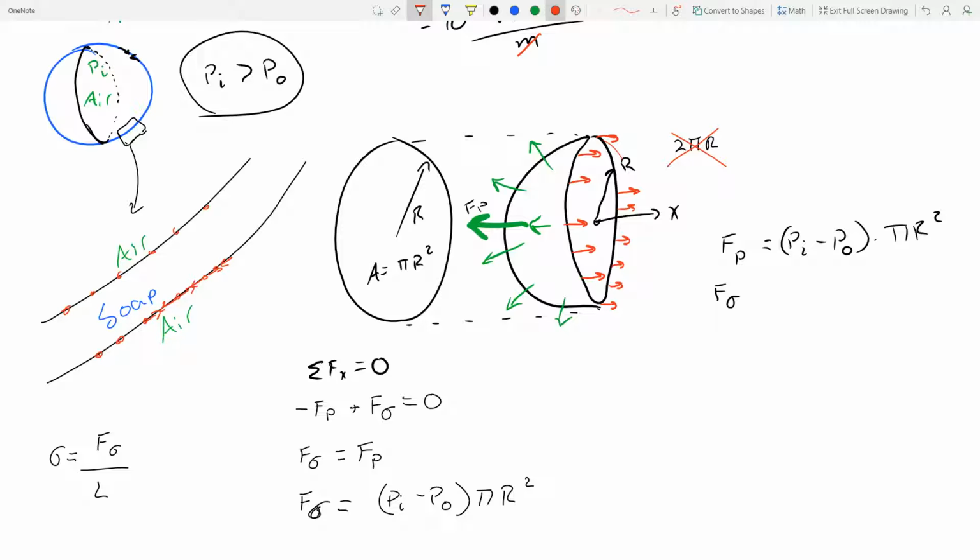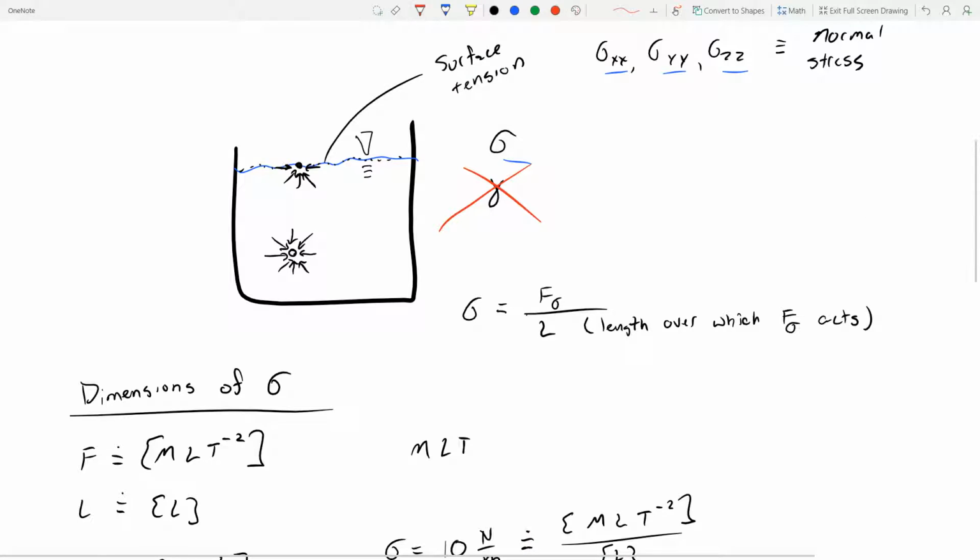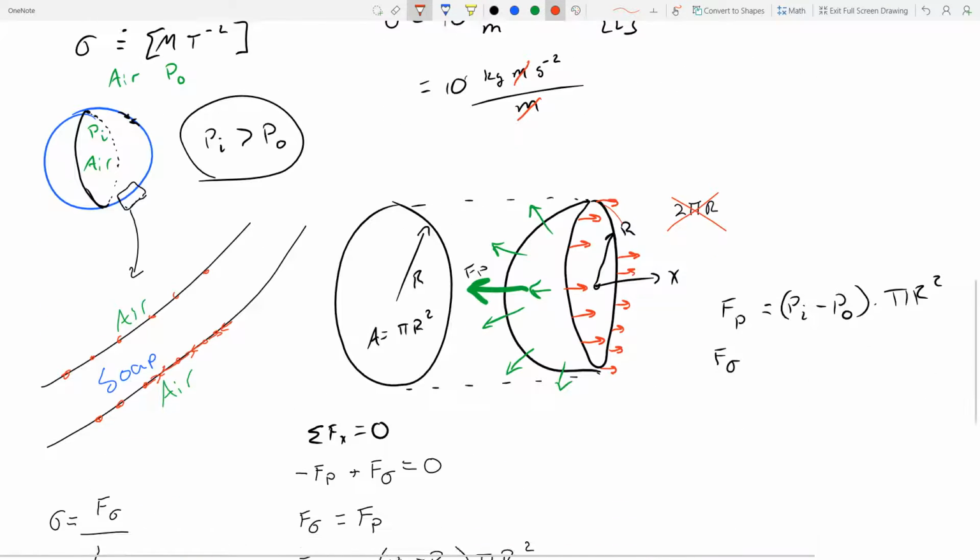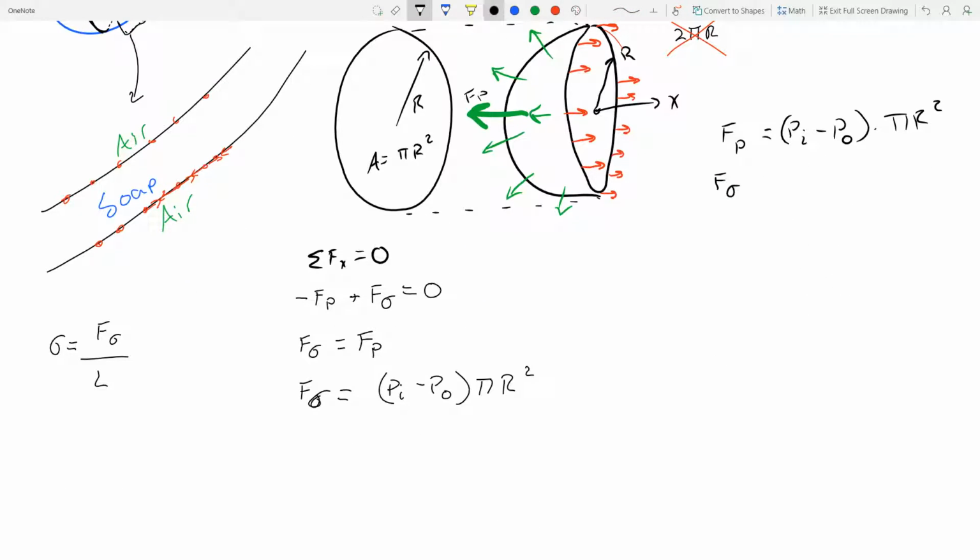So instead of just one surface, like you have in the case of the tank, you have two surfaces that are just really close together, which means that the length over which F sigma is acting is actually equal to 2 times 2 pi r. That is twice the circumference of the circle connecting the two halves of the bubble.